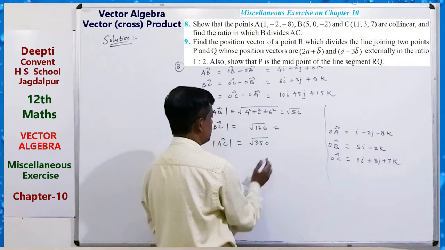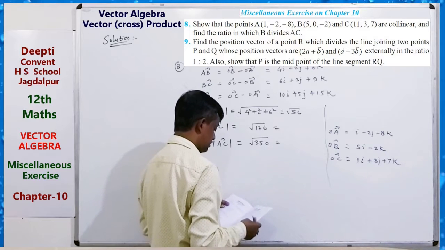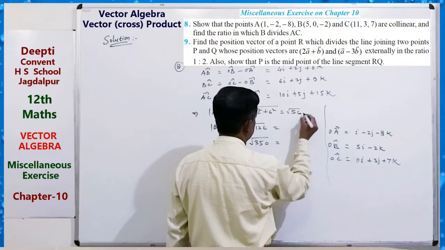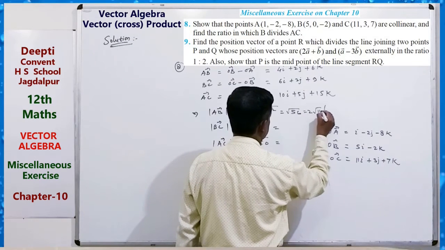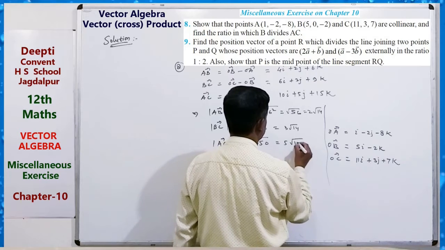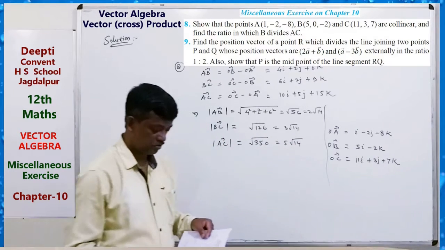So these can be written as 2 root 14, 3 root 14, and 5 root 14.